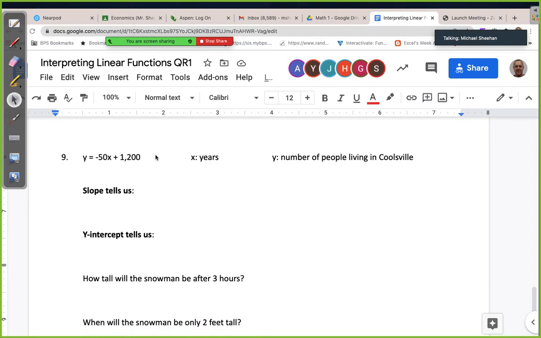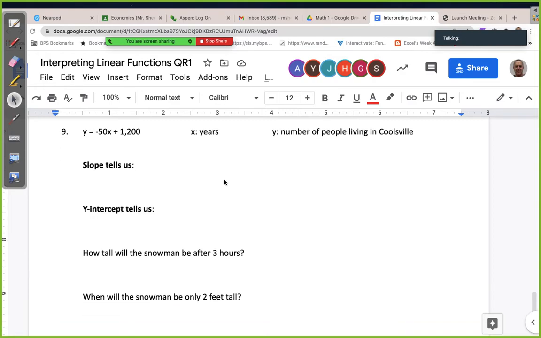All right, this one I start off with 1,200 and something goes down by 50 every year. And Y is people, people in a town called Coolsville. All right, that's from Scooby-Doo. So the y-intercept tells me we start with 1,200 people in Coolsville.